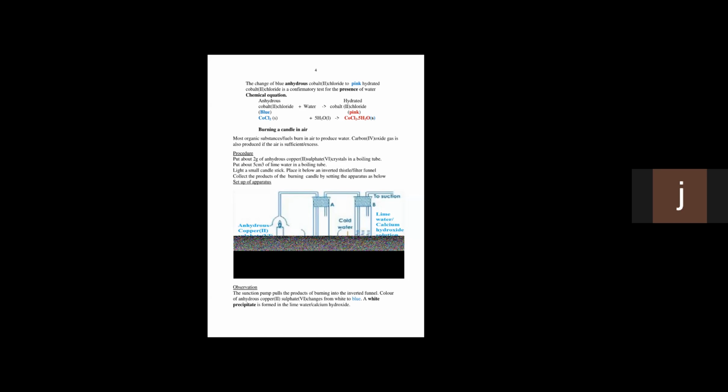This coat of magnesium oxide prevents it from further reaction with water. It will only react with water once you scrape the surface to remove the coat. Then it will react with water.